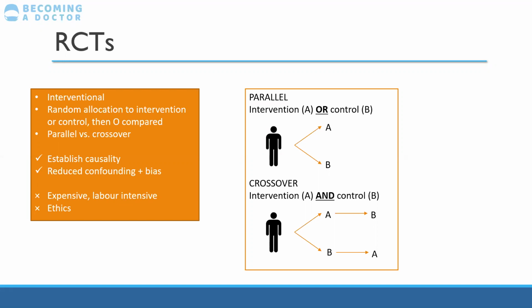And there are a lot of ethical considerations to think about, because by assigning patients to interventional and control groups, you're potentially omitting them from a beneficial treatment. So it's worth thinking about that when you're discussing the advantages and disadvantages of RCTs.